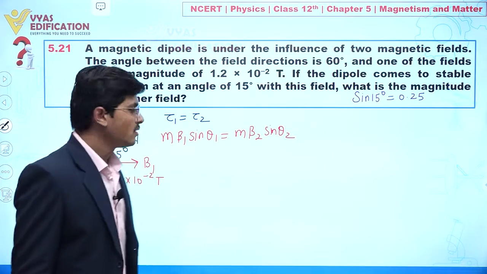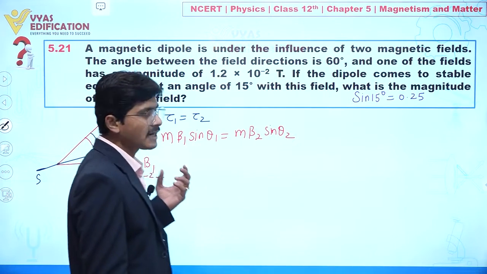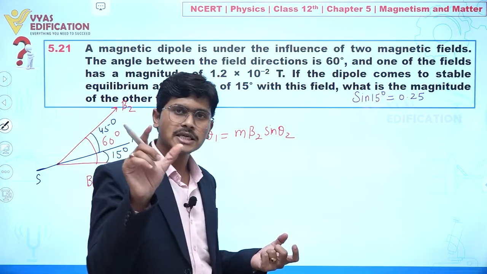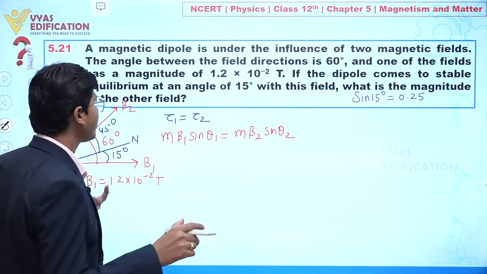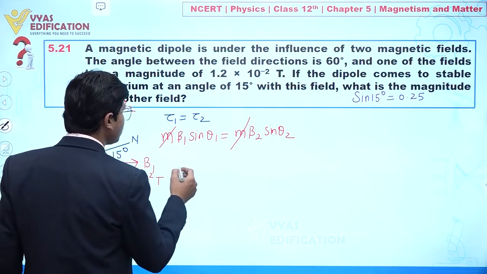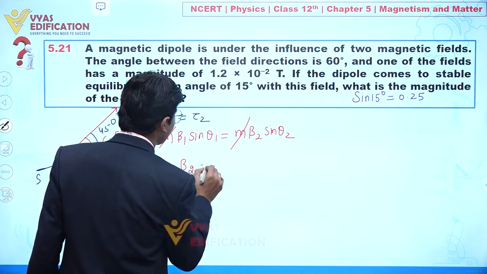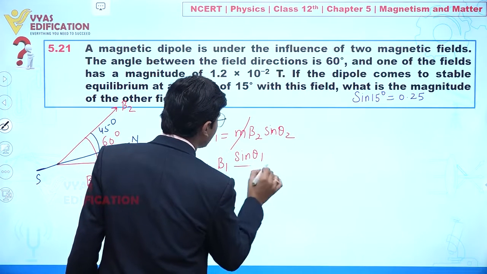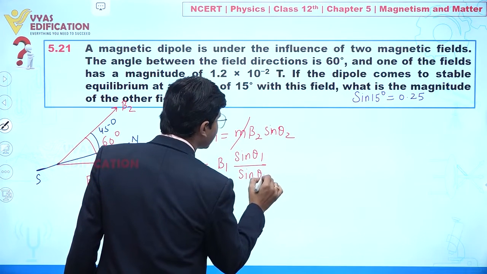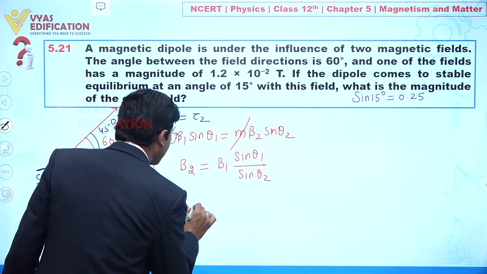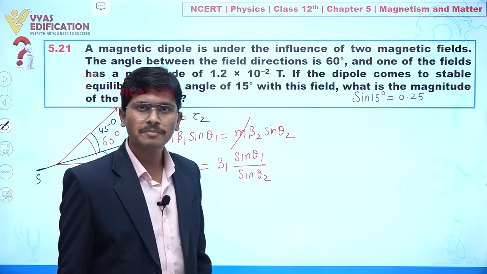No information is given regarding M, because this is related to a single magnetic dipole, so M will remain the same. So from here we can calculate the value of B2. This is given by B1 sin theta 1 divided by sin theta 2.